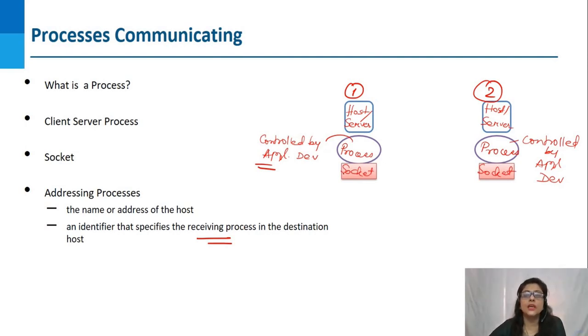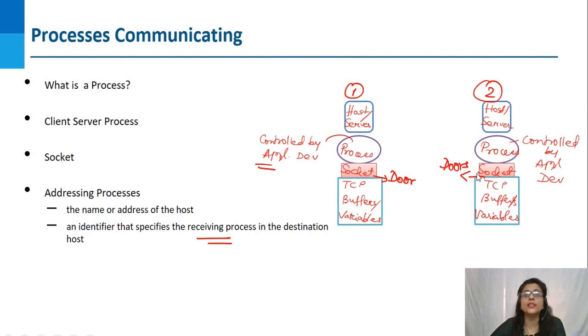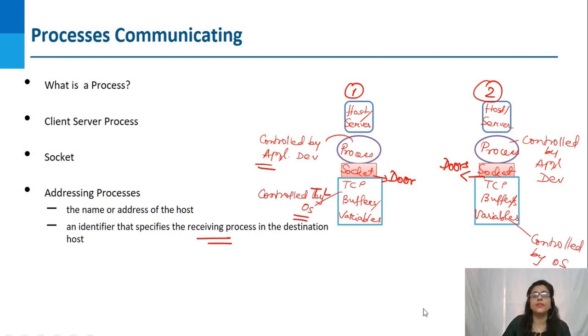From the process, there should be a socket or the door, as we have discussed, in both the computers, which connects to the TCP layer or the transport layer. So this is basically controlled by the operating system. We have the TCP buffers or the variables in both the computers. So communication between different processes of 2 computers is done at the TCP layer or the transport layer over the internet.